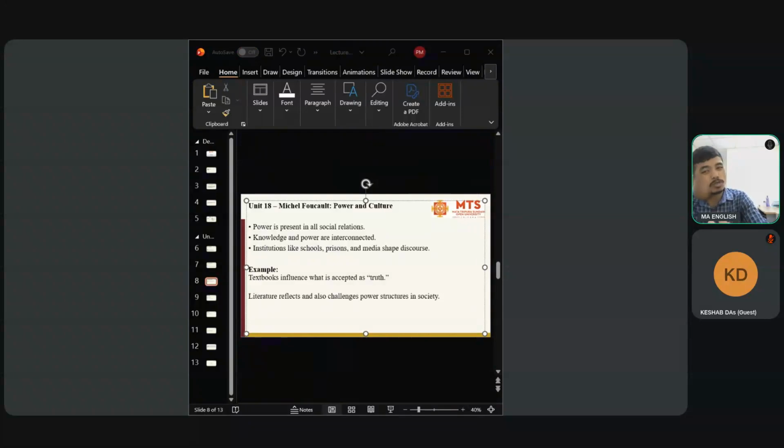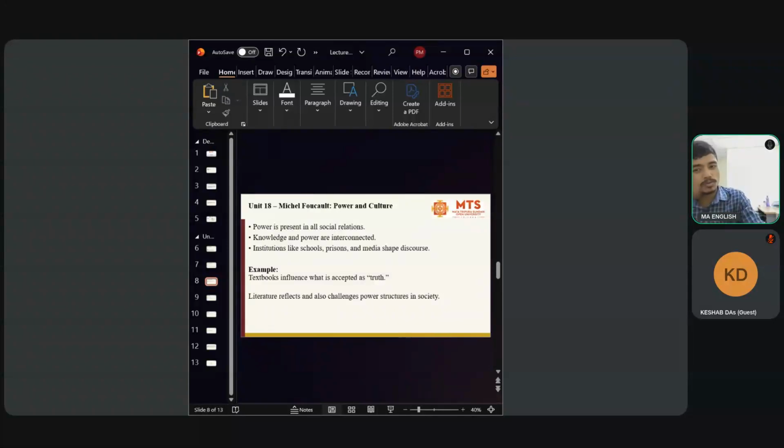Michel Foucault also introduces us to the important concept of discourse. A discourse is not just a way of thinking or writing. It is a whole system of knowledge, beliefs, and practices that defines what can be said, what can be known, and what can be done within a particular field or society.